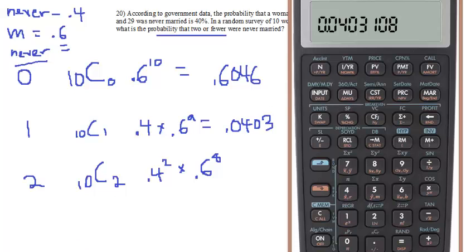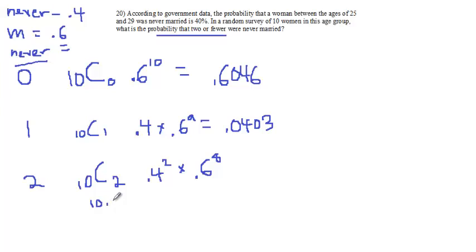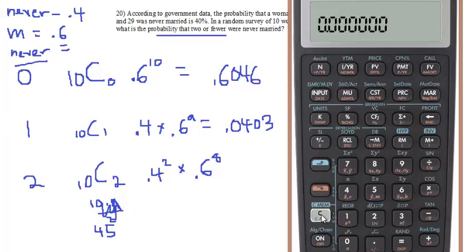Now let's try the last one. And the last one is 10C2. Now, first of all, 10C2 is how much? 10C2 is 10 times 9 over 2 times 1. So 10 times 9 is 90, divided by 2 is 45. So we'll put a 45 over here. Then we will do 0.6 to the 8th power.